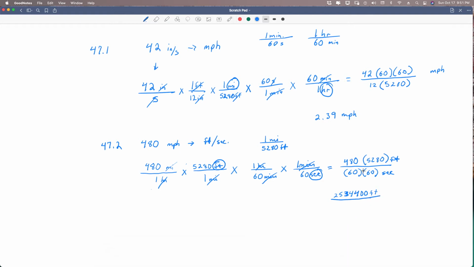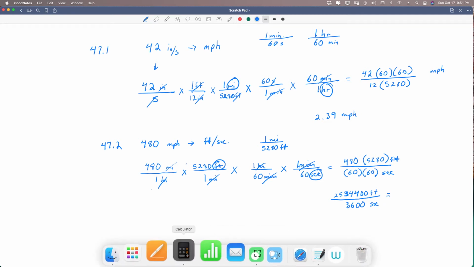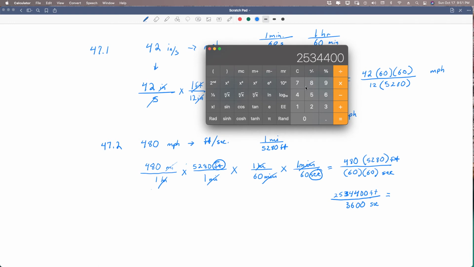and then 60 times 60 is 3,600. That's seconds, right? So let's do some division. I'm going to double check my math. 60 times 60. Yes, I got that right.